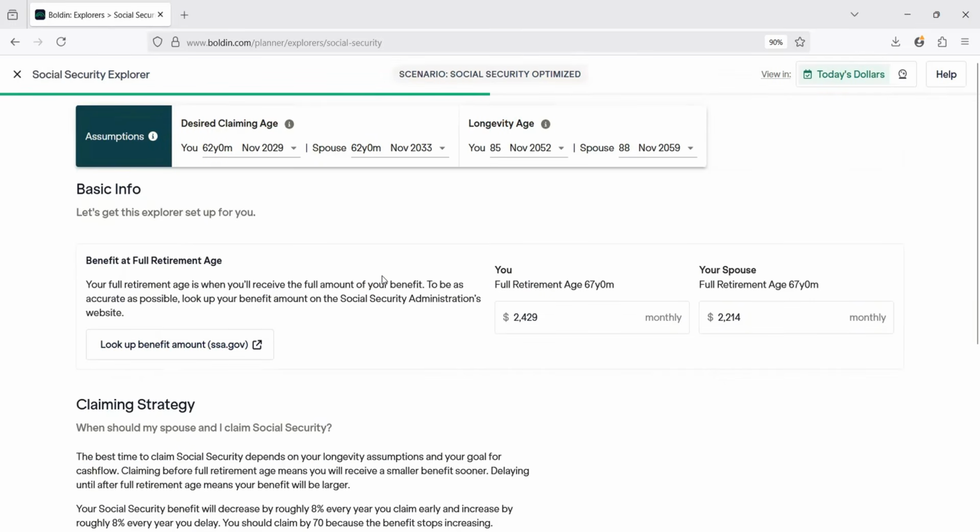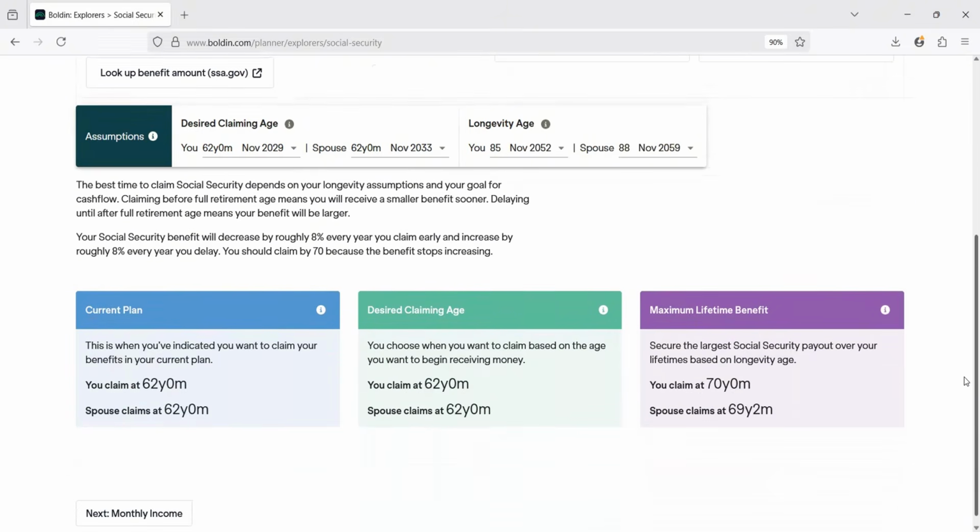All right, so let's look at the claiming strategy. Okay, so our current plan shows 62 and 62, which is our desired claiming age. Our lifetime benefit, they're saying to get the maximum Social Security payout, you should wait until age 70 and the spouse claiming at 69 and 2 years.